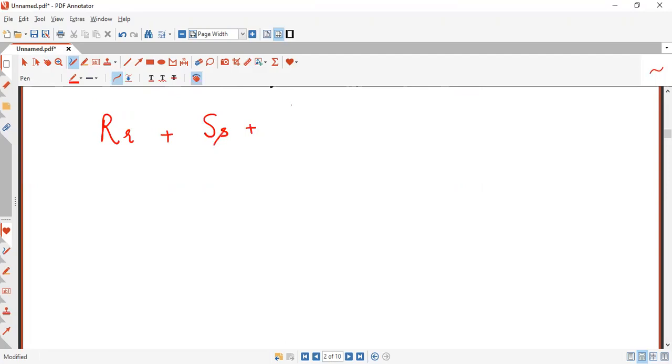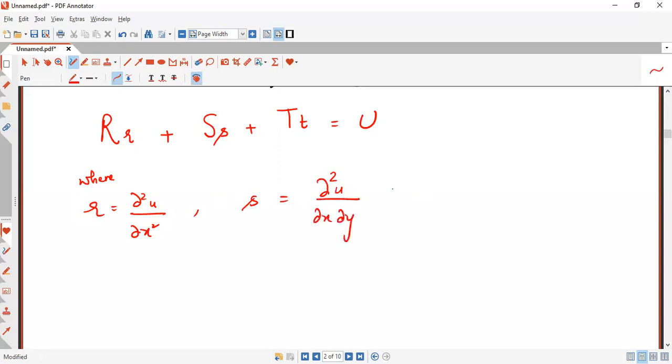R r plus S s plus T t equals U, where the small r will be del square u by del x square, this small s will be del square u by del x del y, and the small t is del square u by del y square.